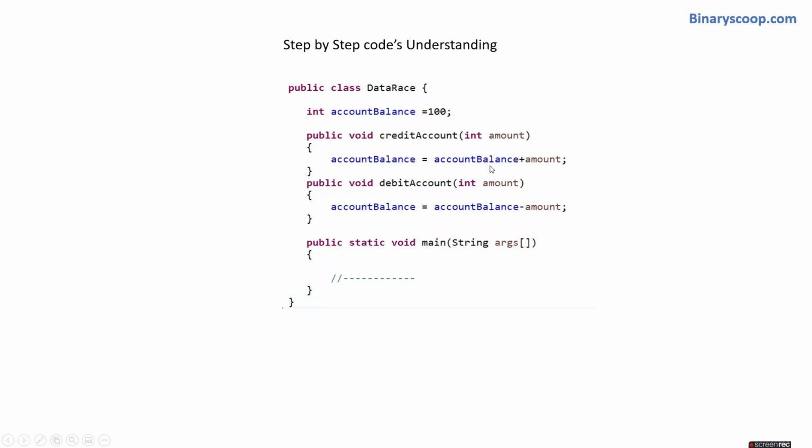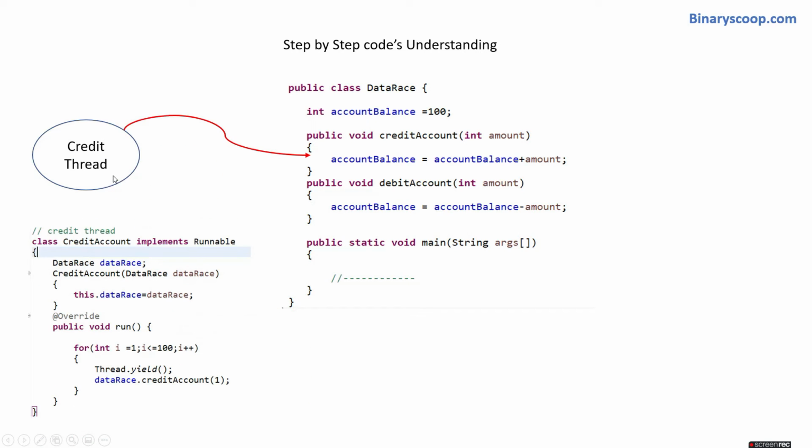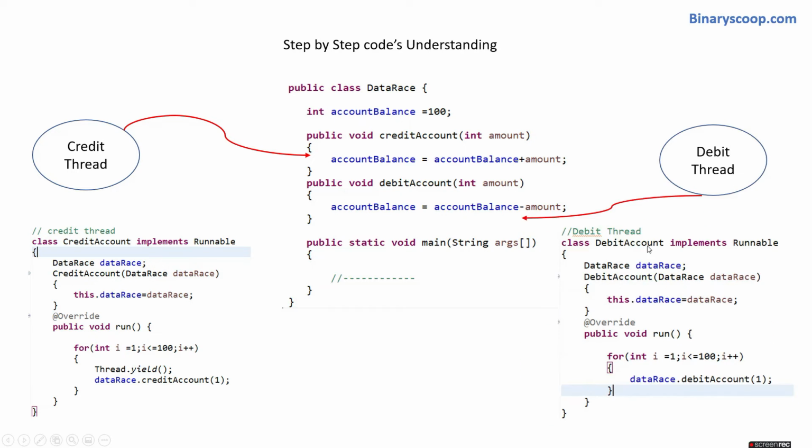The credit account method adds some amount to account balance, and the debit account method subtracts some value from the account balance variable. Apart from it, there is one thread, credit thread, that calls the credit account method, and there is another thread that calls the debit account method from its run method. Now let us see how this code is executed and what will be the final output.